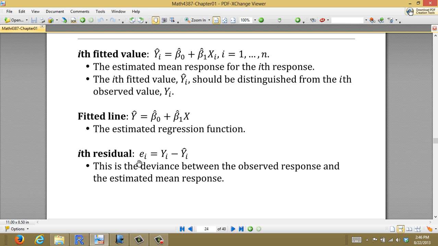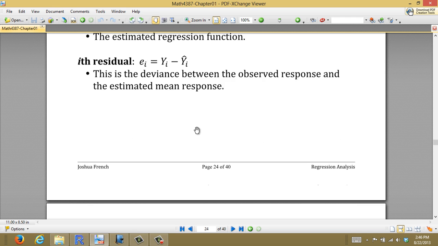The ith residual e sub i is y sub i minus y hat sub i. In other words, it's the difference between the observed response and the estimated mean response. So the ith fitted value is the estimated mean for the ith observation, and we subtract that from our ith response to obtain the ith residual.